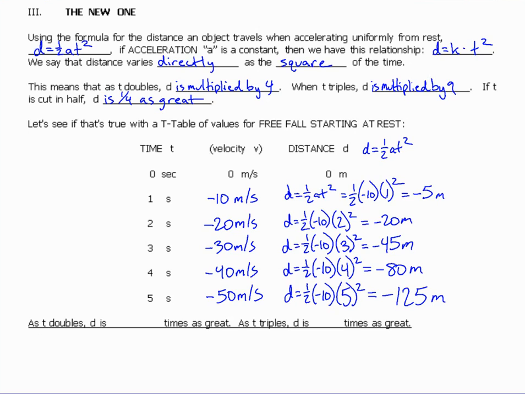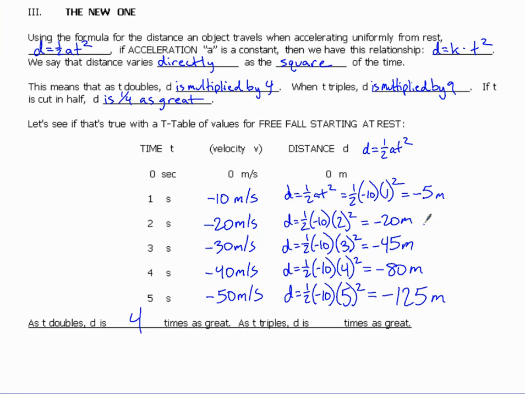So we find that as time doubles, let's say from 1 to 2, the distance is 4 times as great. From 2 to 4, same idea, -20 to -80, 4 times as great. As time triples, let's look at 1 and 3.